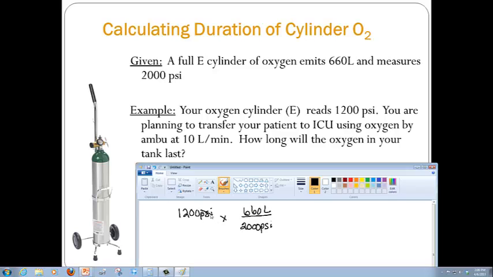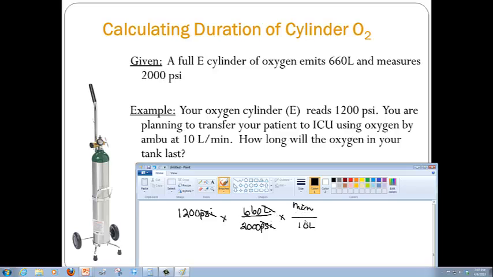Setting this up this way, I'm able to cancel pounds per square inch units in the numerator and pounds per square inch units in the denominator. The only units that are left are liters, but liters are not what I'm looking for. I'm looking for minutes, so I need to go back up into the story problem and get another factor, and that factor is the liter flow on the AMBU bag. We're going to use 10 liters per minute.